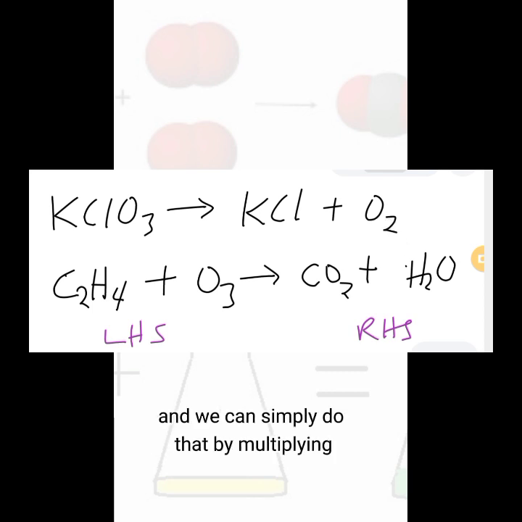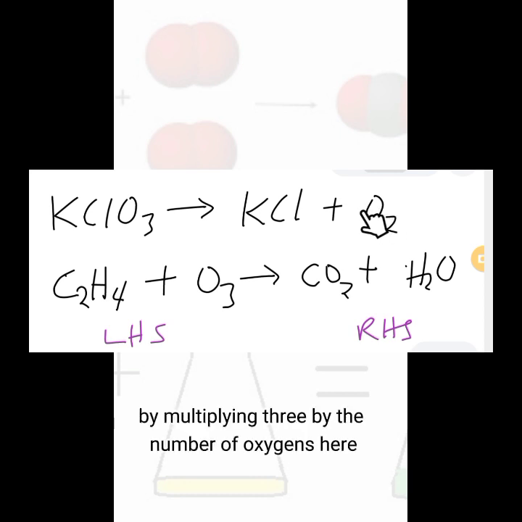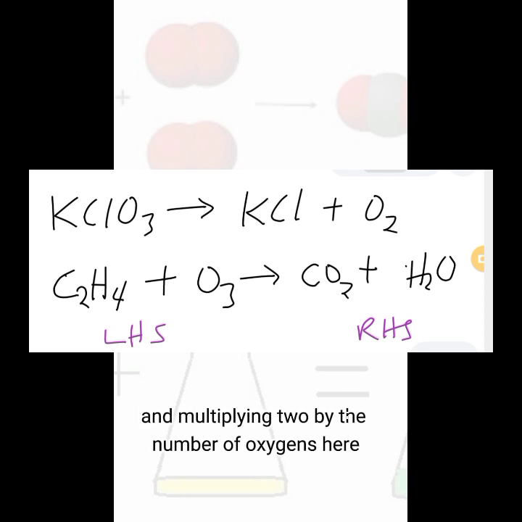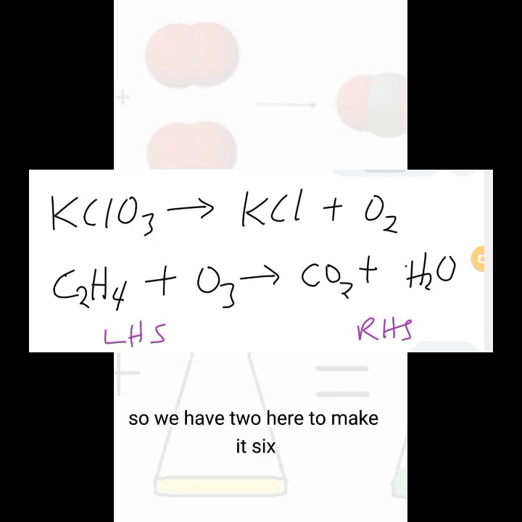And we can simply do that by multiplying 3 by the number of oxygens here and multiplying 2 by the number of oxygens here. So we have 2 here to make it 6. We have 3 here to make it 6.